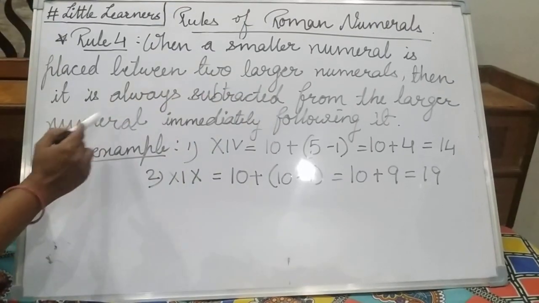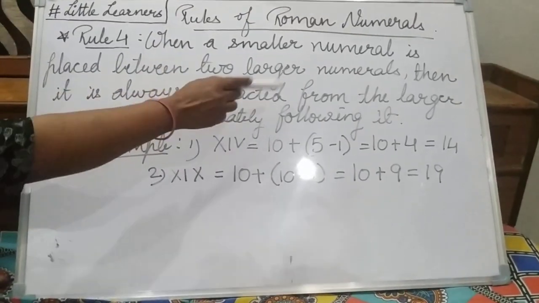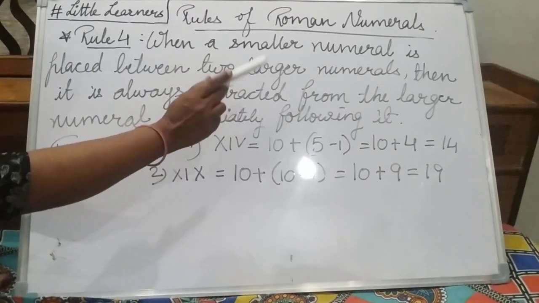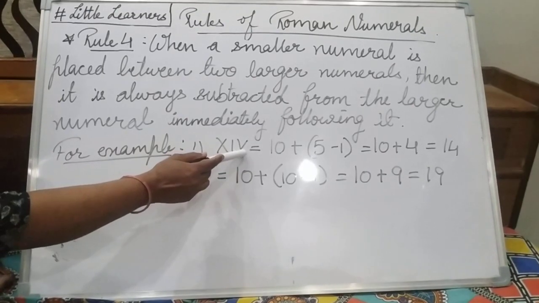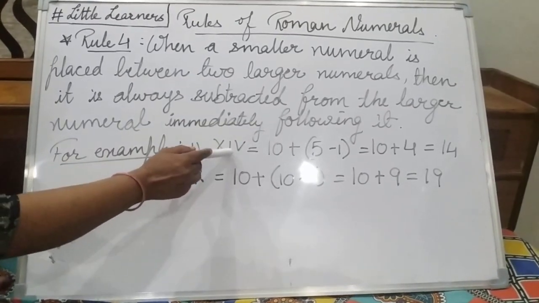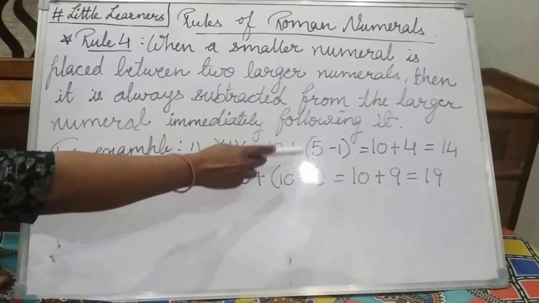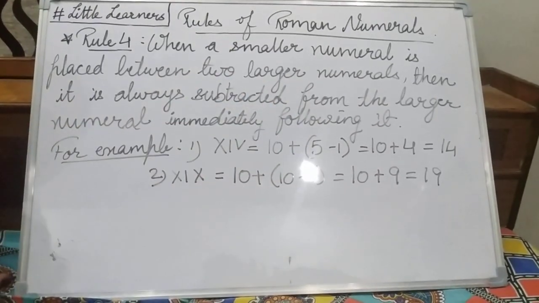As it is written here, the smaller numeral is subtracted from the larger numeral immediately following it. Immediately following it, जो उसके बाद वाला जो bigger numeral है उसमें से subtract होगा ये smaller numeral. Okay. So that means IV we have to write 5 minus 1, that is 4. So 10 plus 4 is 14.